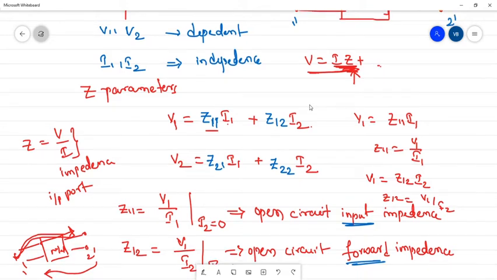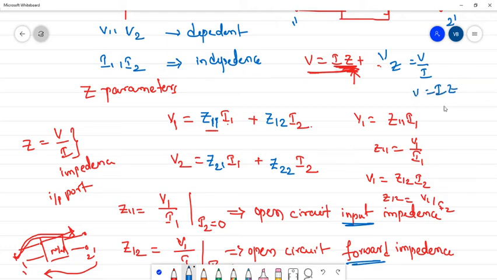You have to remember this: whenever you get impedance parameters, Z is equal to V by I. So we can write V is equal to I into Z. So V1 is equal to Z11 I1 plus Z12 I2. V2 is equal to Z21 I1 plus Z22 I2. We are writing equations for V1 and V2.